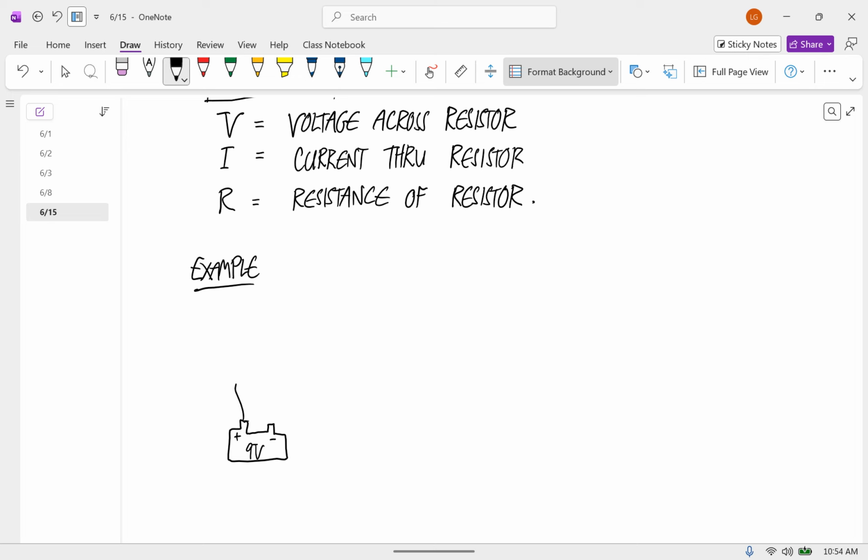Let's say we connect a wire from the positive terminal to a resistor. You have a bunch of those in your kits. It's a little thing with 3 or 4 colored bars on it. Then we go from the other terminal of the resistor to the negative terminal of the battery. Let's say that we're using a resistor of 1,000 ohms.